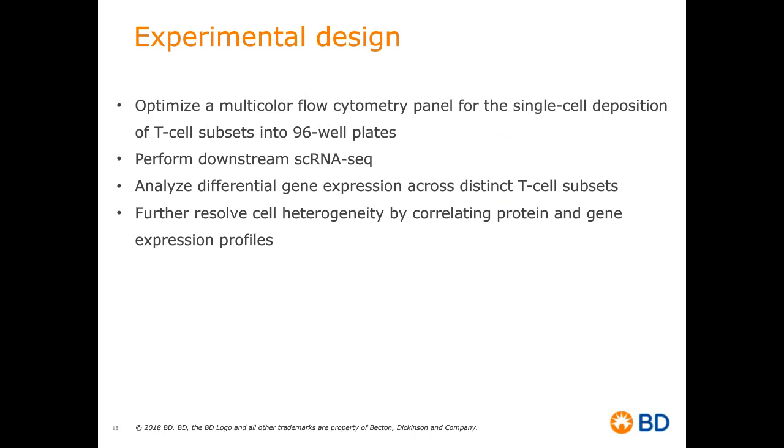We started by optimizing a multicolor flow cytometry panel for the single-cell deposition of T cell subsets into 96-well plates. Once this was performed, we went on to perform downstream single-cell RNA-seq. Then we analyzed differential gene expression across different T cell subsets. And finally, we will show how we can further resolve cell heterogeneity by correlating protein and gene expression profile thanks to the index sorting feature.